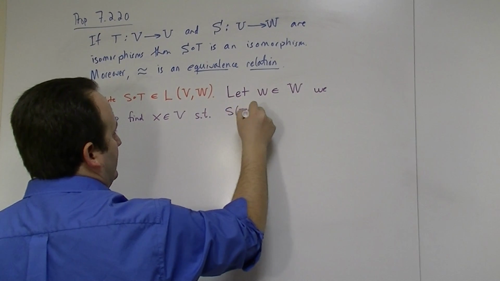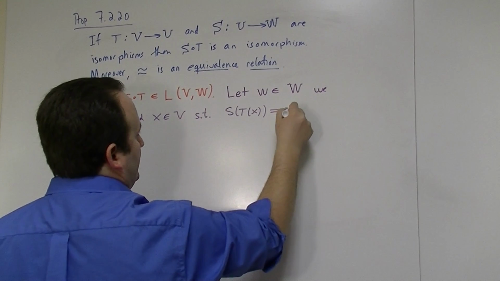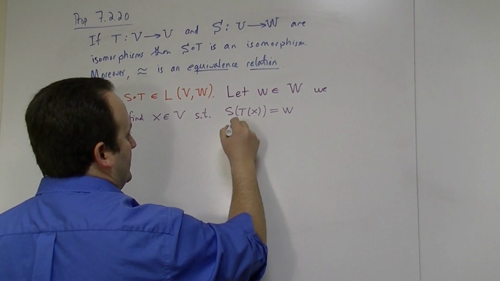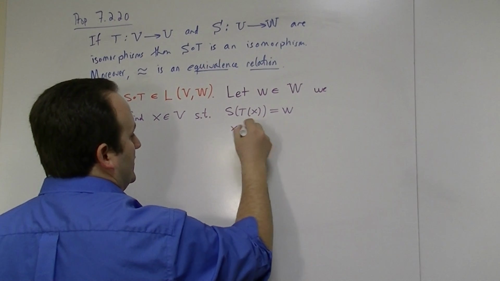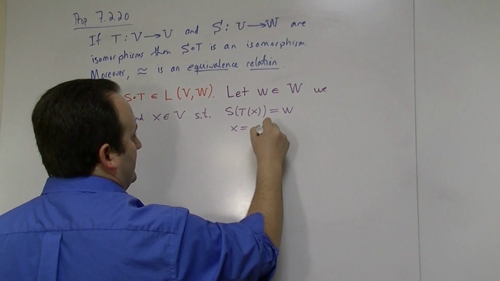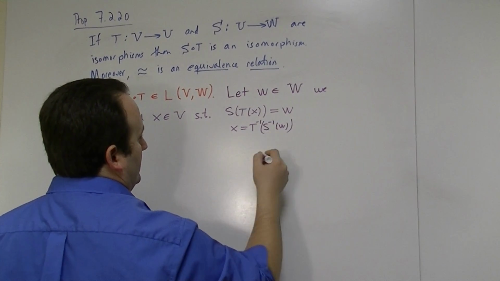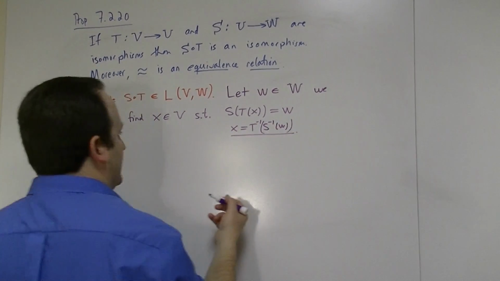S of T of X is equal to W. But basically you can just solve this for X. So X is equal to, first you take S inverse, then T inverse. And so we can try that. That's definitely a point to use.